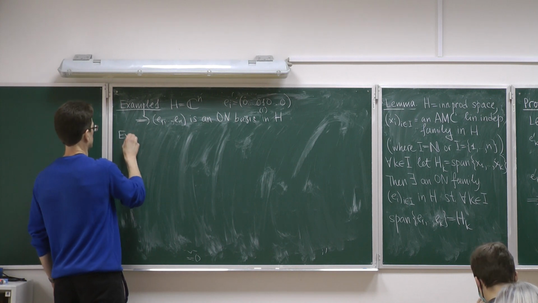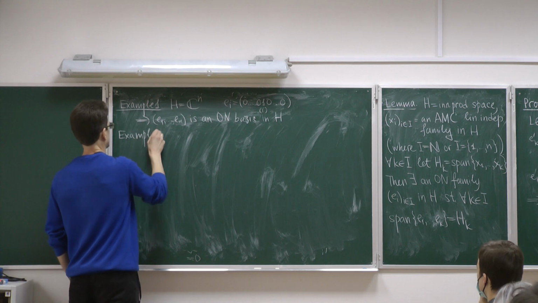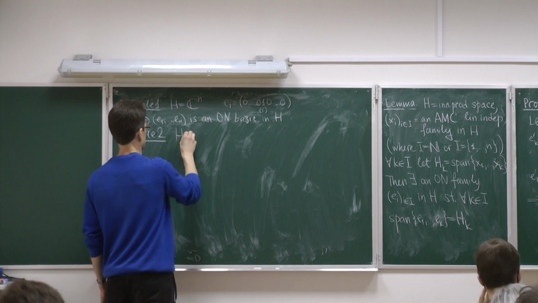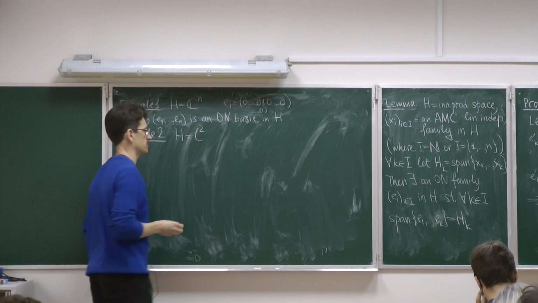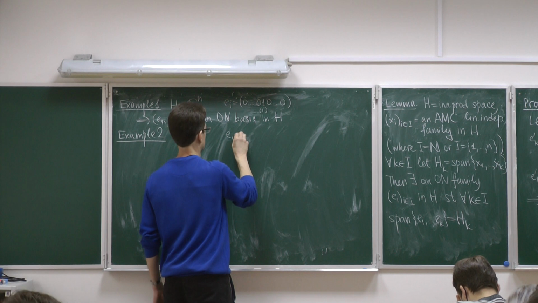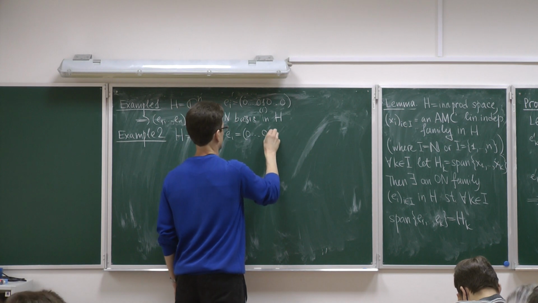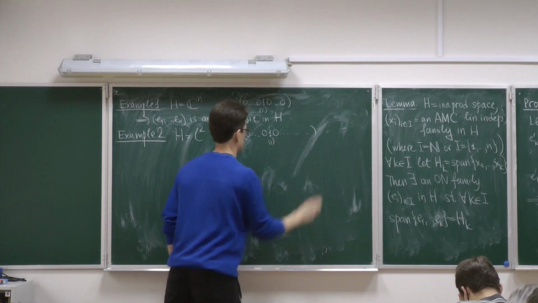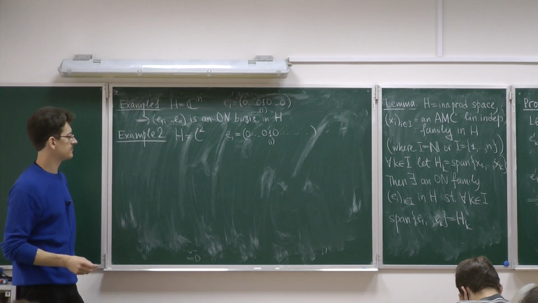Example 2. Now H is little l2, the space of square summable sequences, and we define Ei by a similar formula. But now our sequence is infinite to the right.